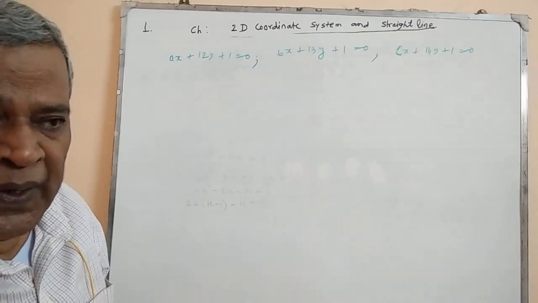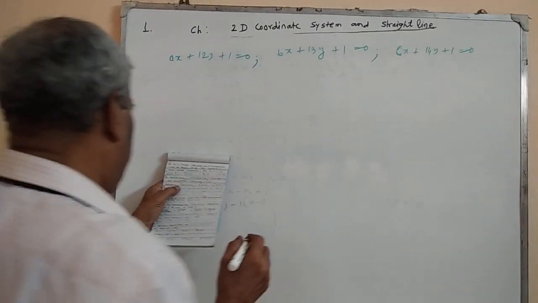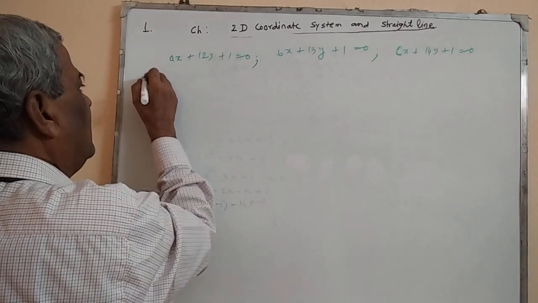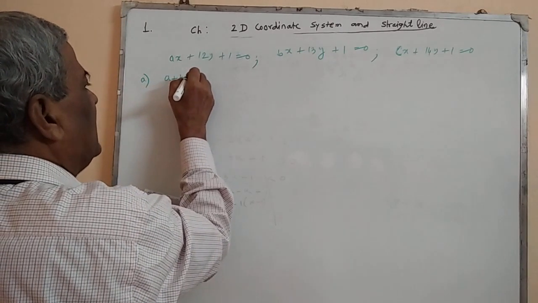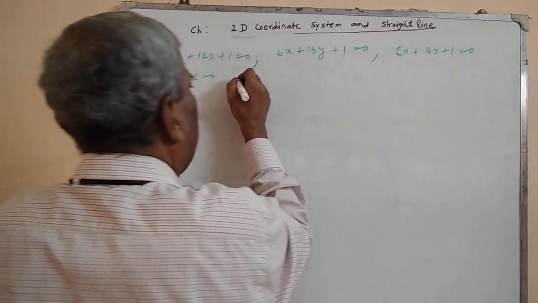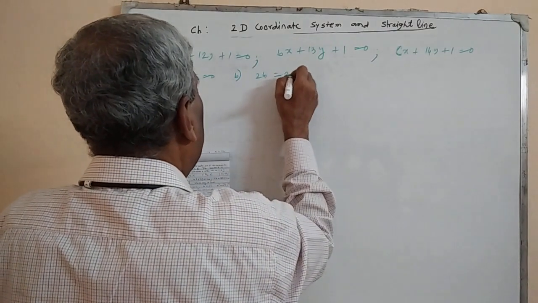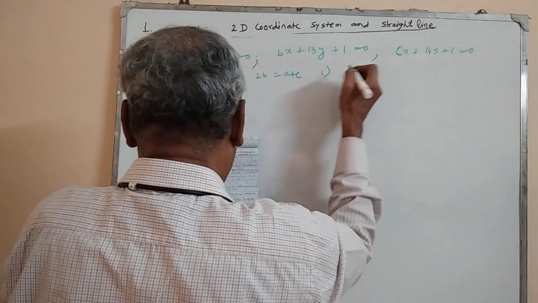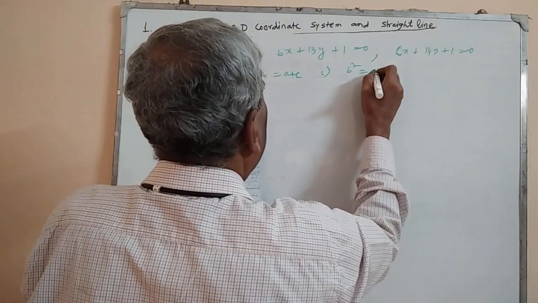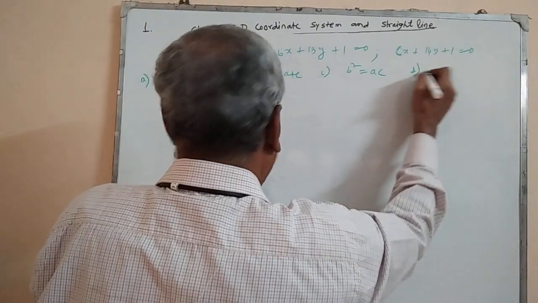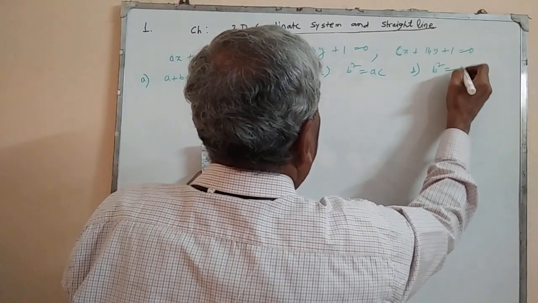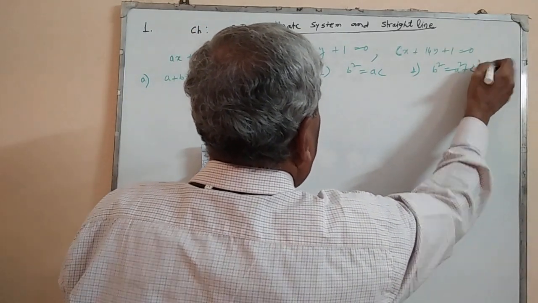Then which one of the following is true? Number 1, a plus b plus c is equal to 0; 2, 2b is equal to a plus c; 3, b square is equal to ac; and 4, b square is equal to a square plus c square.